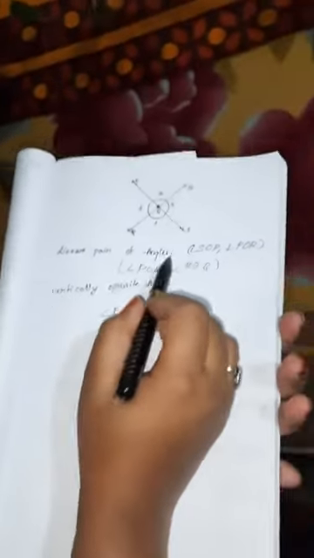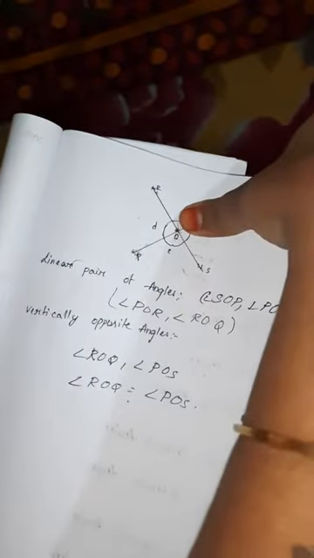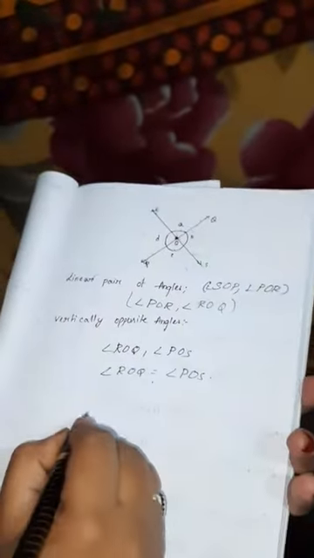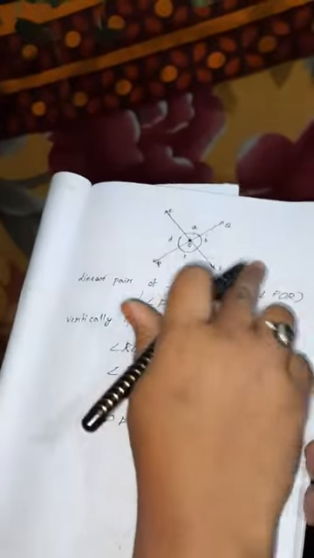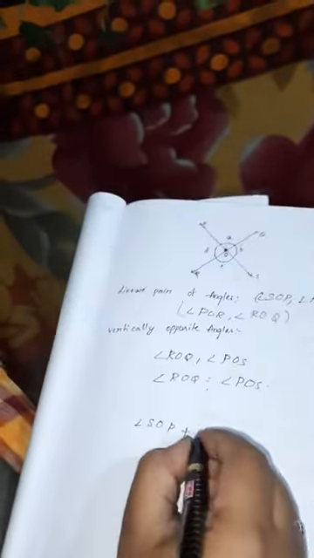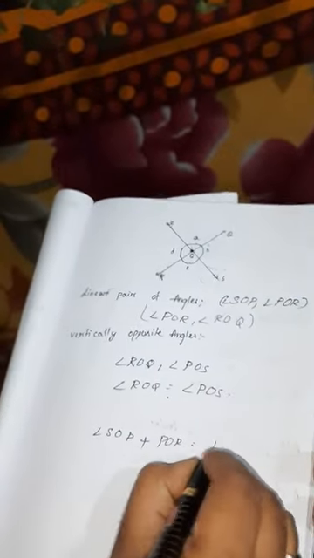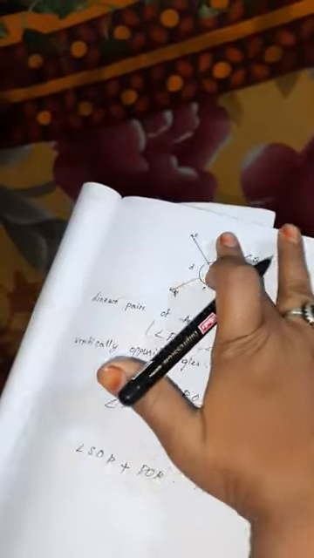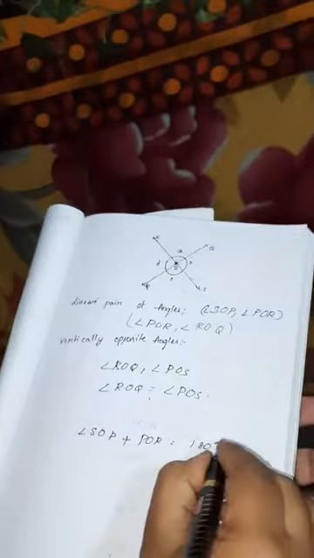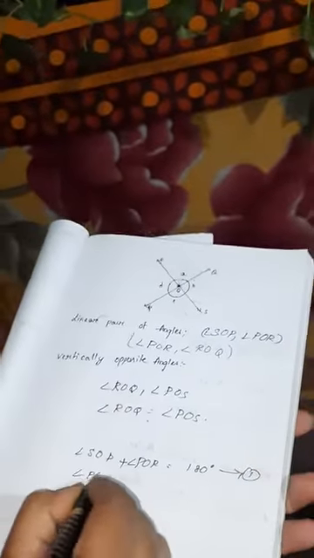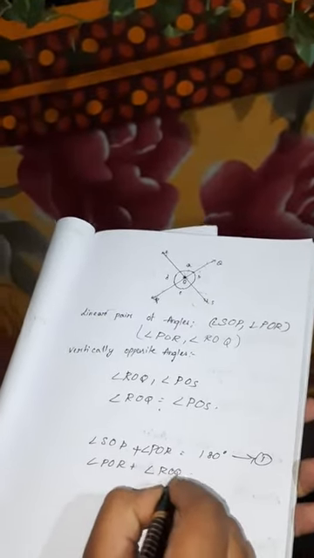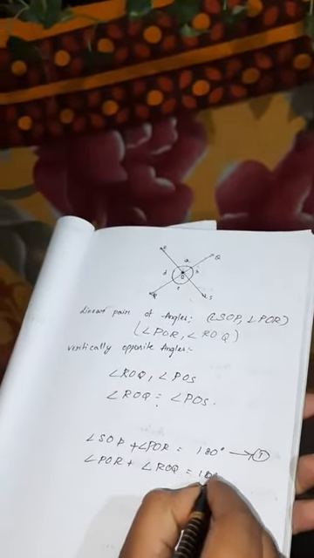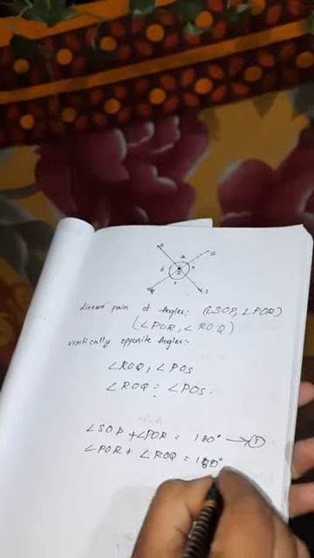Let's prove this using linear pairs of angles. Angle SOP plus angle POR is equal to 180 degrees, forming a straight line. Equation 1. Angle POR plus angle ROQ is equal to 180 degrees. Equation 2.